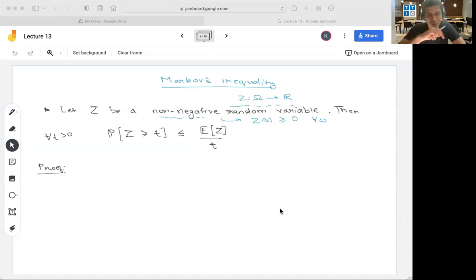I didn't really need to prove Markov's inequality for that. But it can be interesting in case t is much larger than the expectation of z. So what it tells us is that the probability that a non-negative random variable is much larger than its expectation is small. A non-negative random variable typically is not much larger than its expectation.